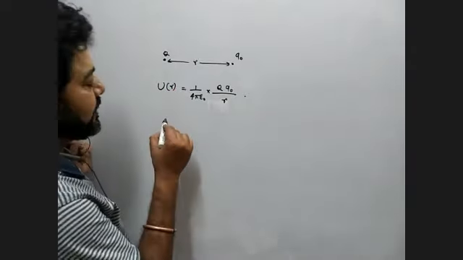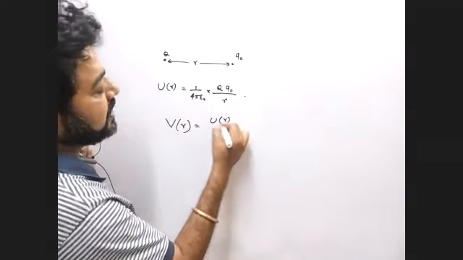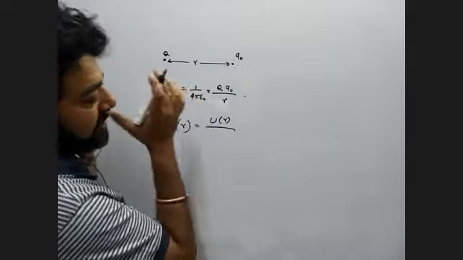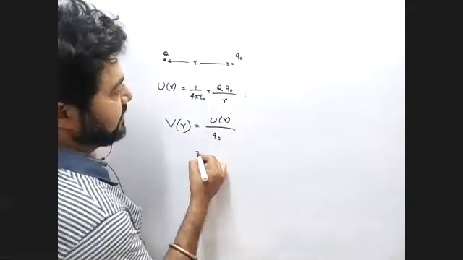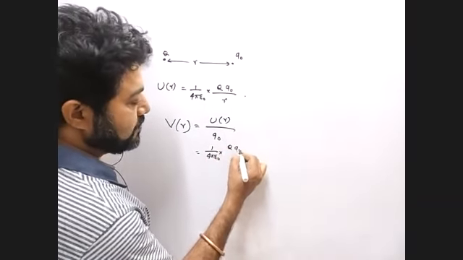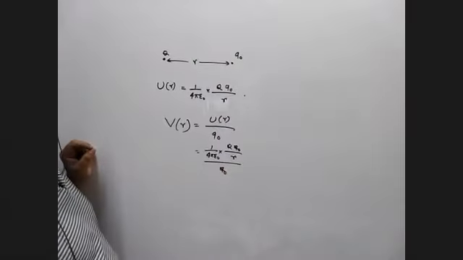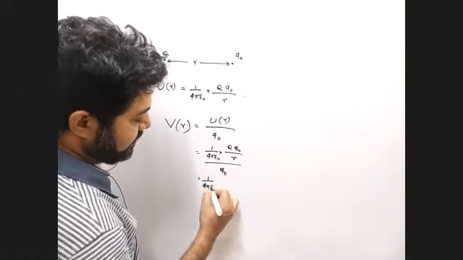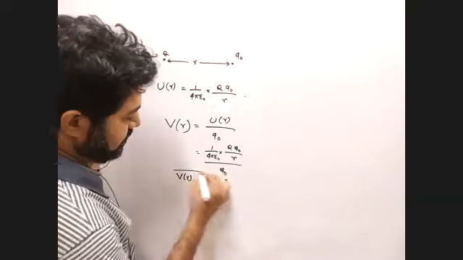So potential is defined as the potential energy to bring that charge particle from infinity to a point P per unit of that charge particle. So basically what happened, 1 by 4 pi epsilon naught Q Q naught by R divided by Q naught. So Q naught cancels. So you have 1 by 4 pi epsilon naught Q by R as the potential.